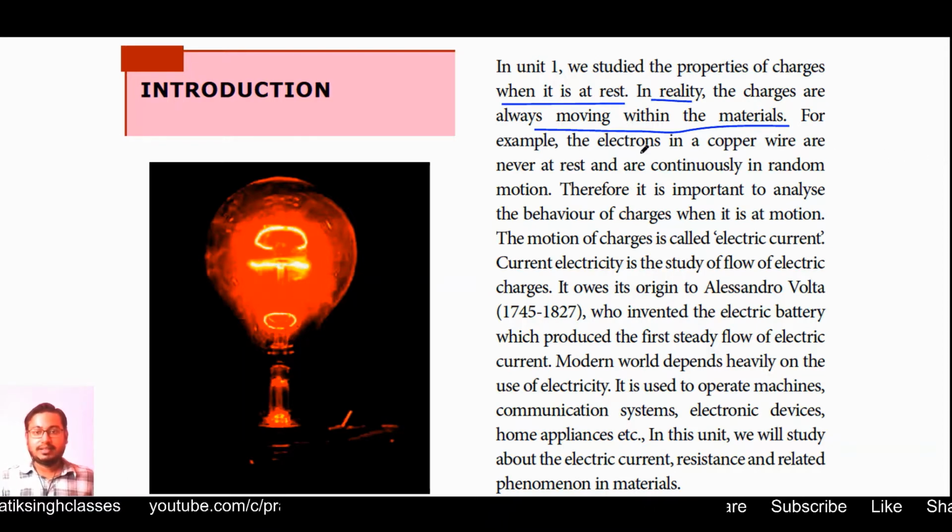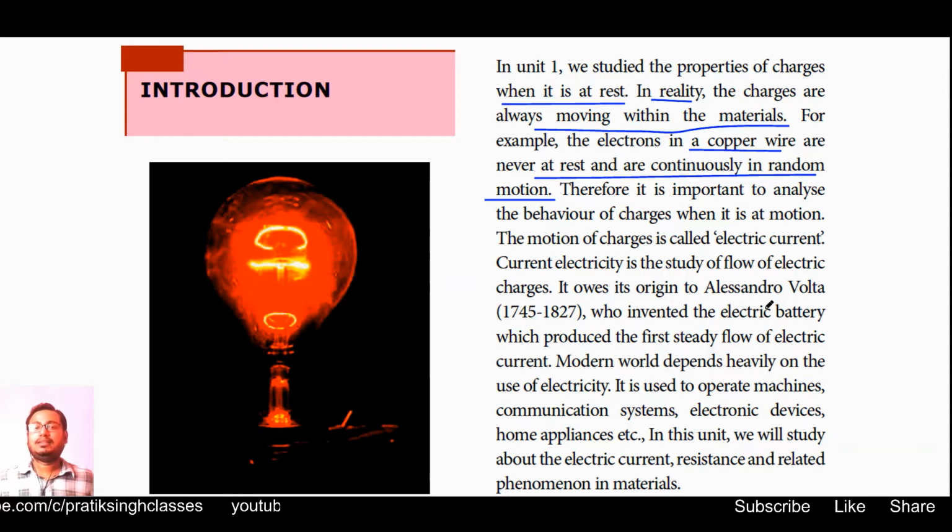For example, the electrons in a copper wire are never at rest and are continuously in random motion. Even if you take a solid cube or any shape of any kind of material, every material consists of electrons, whether it is a conductor, non-conductor, semiconductor, whatever things you look around you, everything contains electrons.